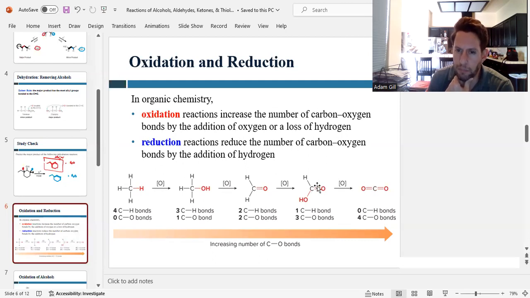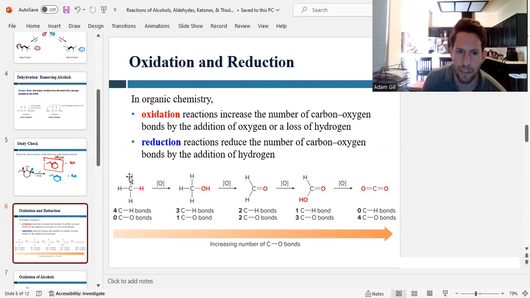And then we have 3 bonds to oxygen, which is a carboxylic acid. 2 bonds to oxygen, which is an aldehyde or a ketone. And then 1 bond to oxygen is an alcohol. And no bonds to oxygen is an alkane or a hydrocarbon. Now, the number of bonds to hydrogen increases as you become reduced, right?